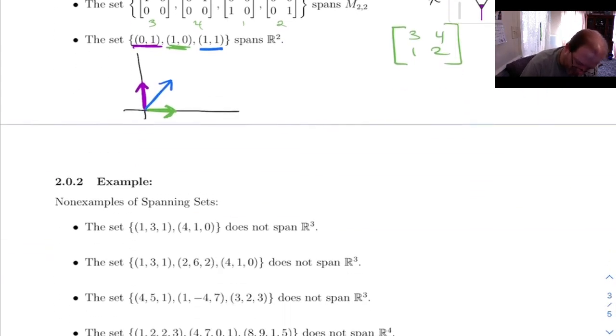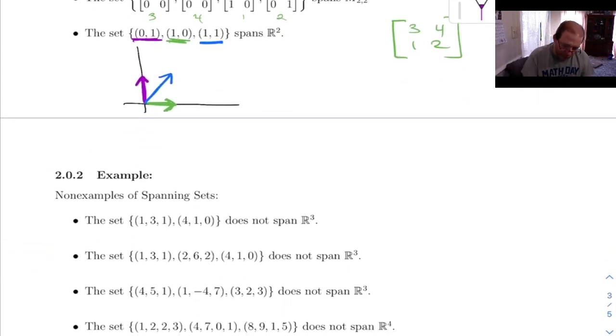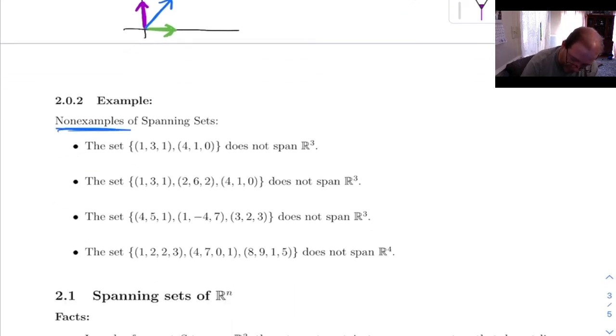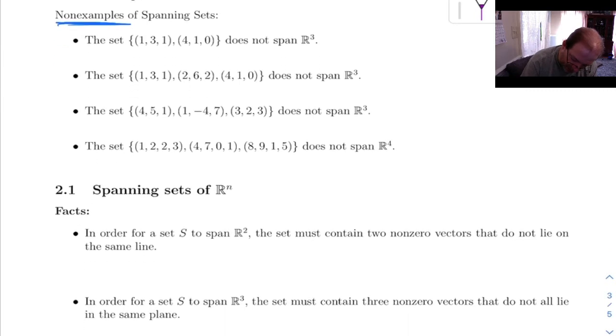Now down here we've got several examples that are, well, non-examples of spanning sets. I actually want to come down here and talk about this from 2.1 before we do the non-examples. In order for a set S to span R2, it has to contain two non-zero vectors that don't lie on the same line.